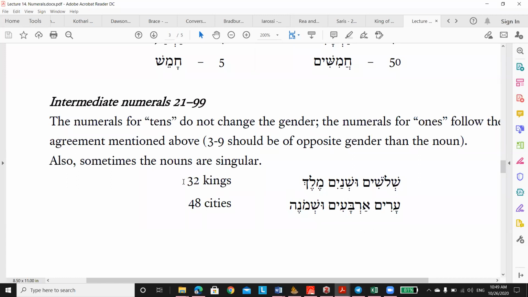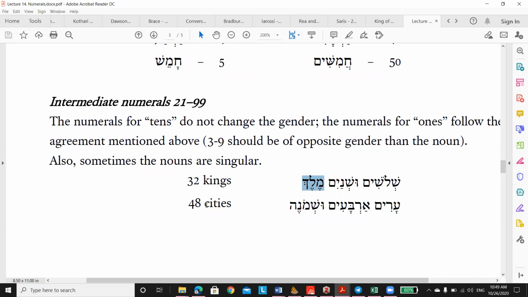For example, 32 kings, we say Sheloshim, this is 30, and 2. 30 and 2 kings. And we see king again is in singular, because there is no consistency in how they put it in plural or in singular.